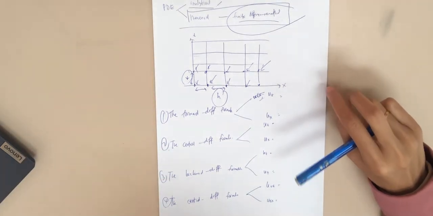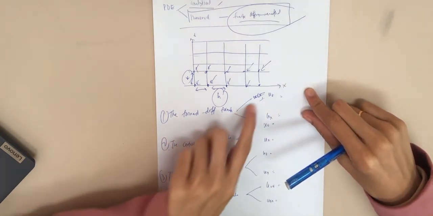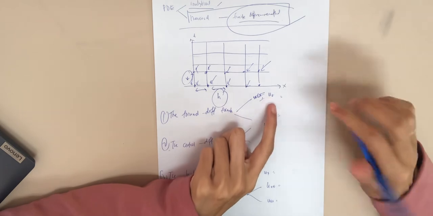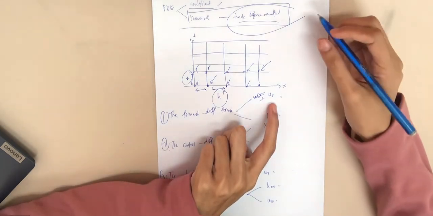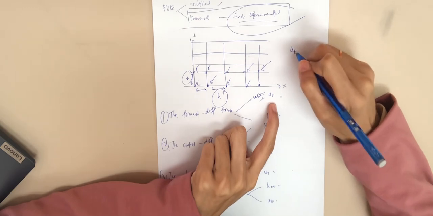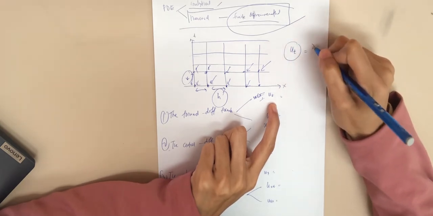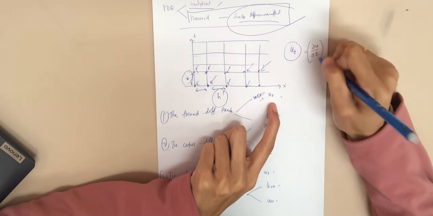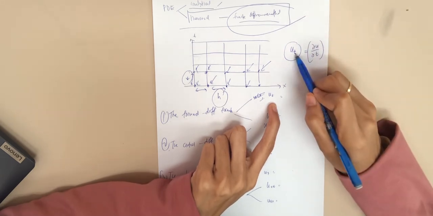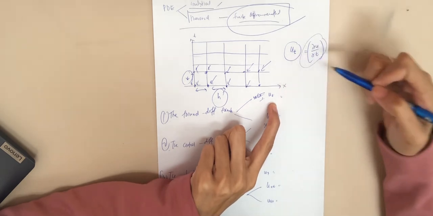We start first with the forward difference formula for u_t. Maybe some of you will ask, before this I realized that some asked, what is u_t? u_t stands for du/dt. So it's the same meaning. The t here means that you differentiate u with respect to t. This is the notation.